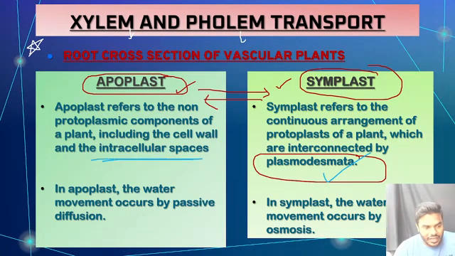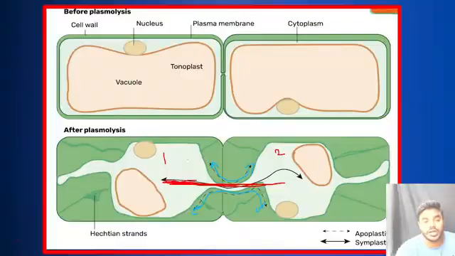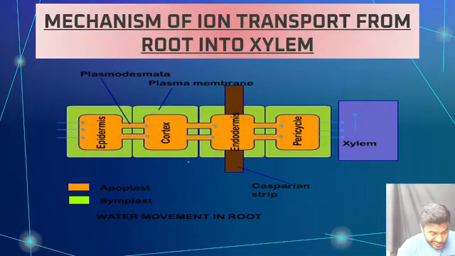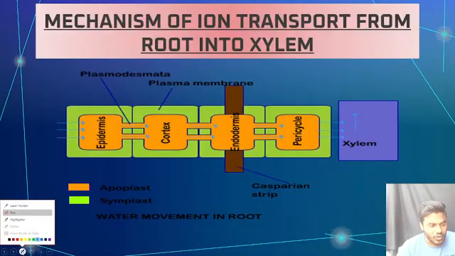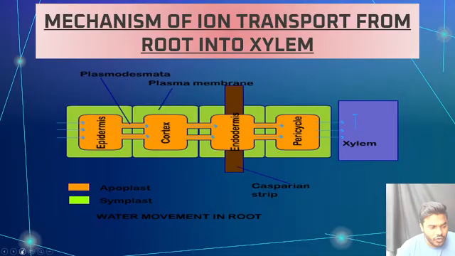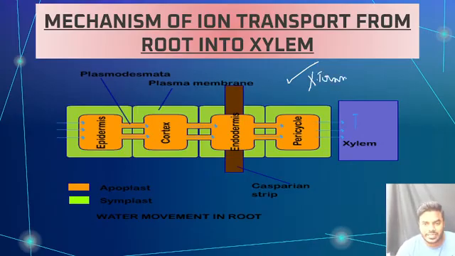They will only travel with the help of intercellular spaces. Don't forget this. Now friends, I want every student to understand this. If you don't understand this slide, you can't understand the entire xylem transport.